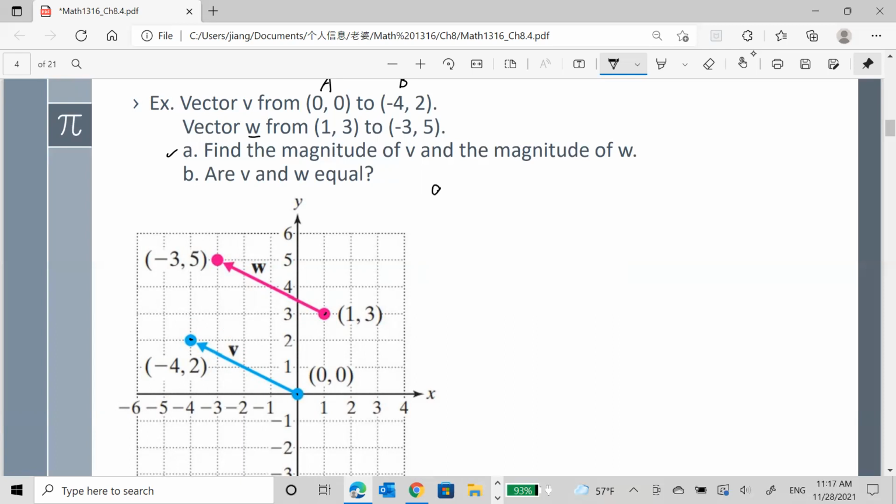So for part A, the magnitude, we use this double absolute value sign. We say the magnitude of v equals the distance between these two points. That means the square root of (x2 minus x1) squared plus (y2 minus y1) squared.